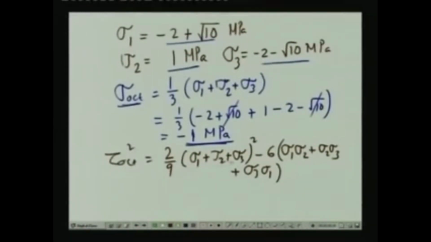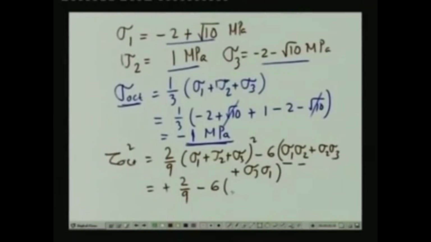Here sigma 1 plus sigma 2 plus sigma 3 we have computed as minus 1. So, this is 2 by 9 times minus 6 of, and we can substitute the values of sigma 1, sigma 2, sigma 3.